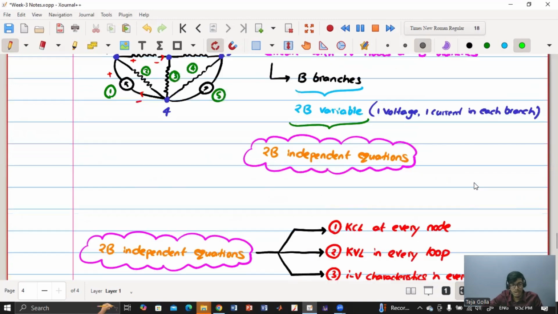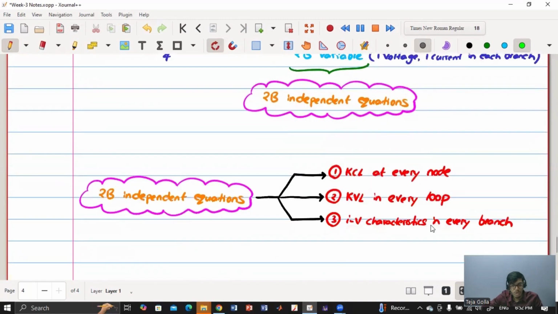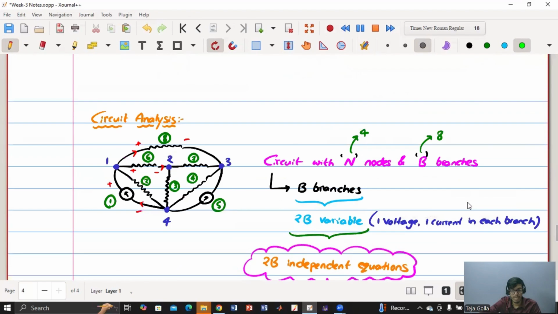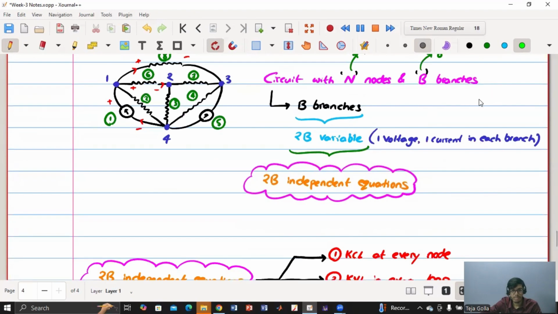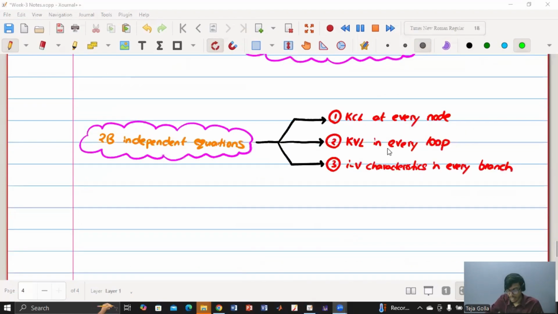So if there are B branches, how many total IV equations will I be getting in that circuit? We'll get B equations, right? Because there are B branches and each branch will get one equation. Yes, Roshan, you are right. So we'll get B number of equations.